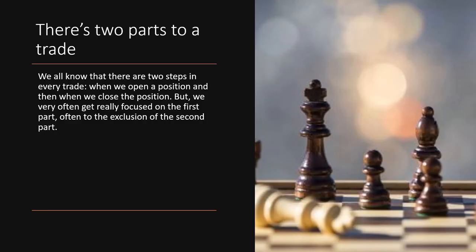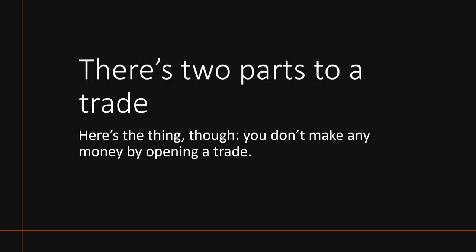Because we all know that there are two steps in every trade: when we open a position and then when we close the position. But we very often get confused on the first part, often to the exclusion of the second part. Here's one thing though, you don't make any money by opening a trade.